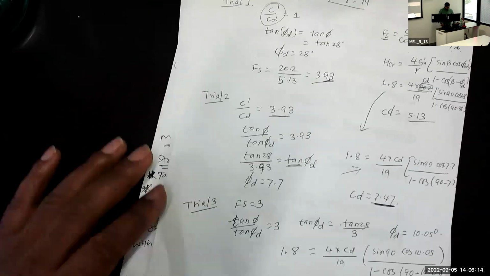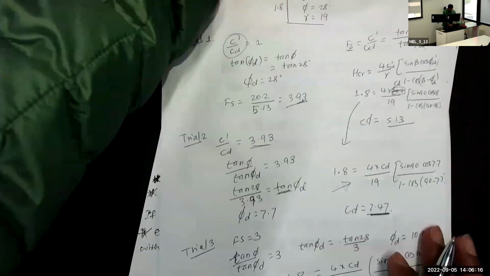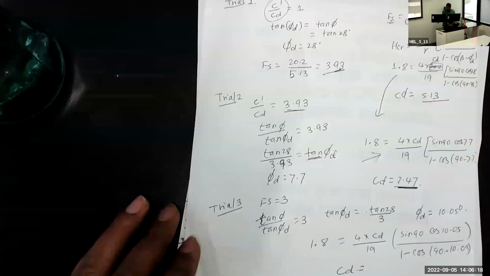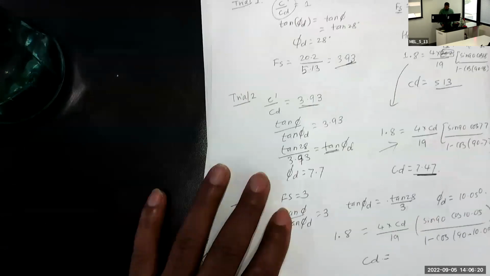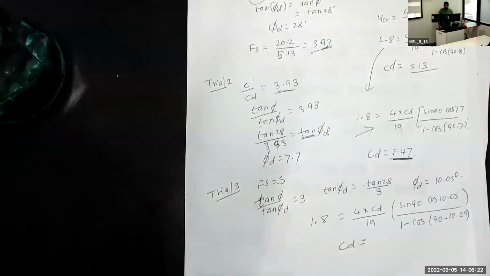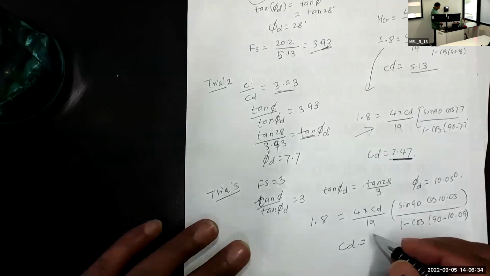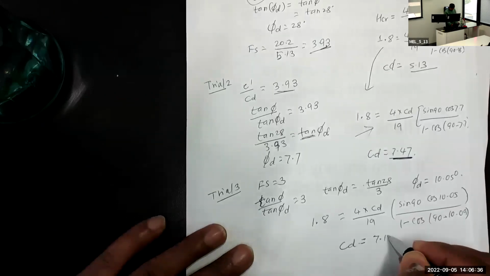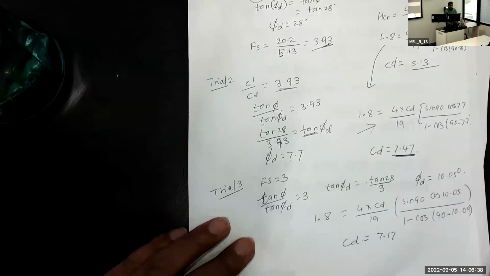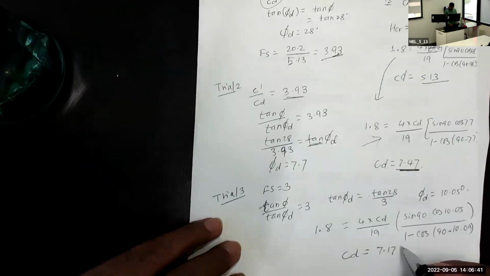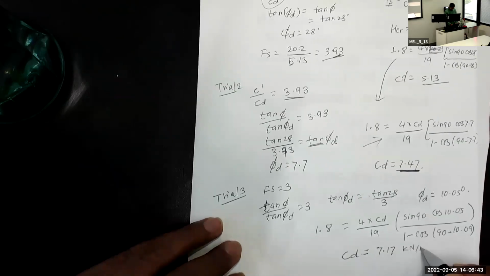Can you calculate CD out of that? Just a minute. 7.17. How did you get that? Okay, so that's 7.17 kilonewton per meter square.